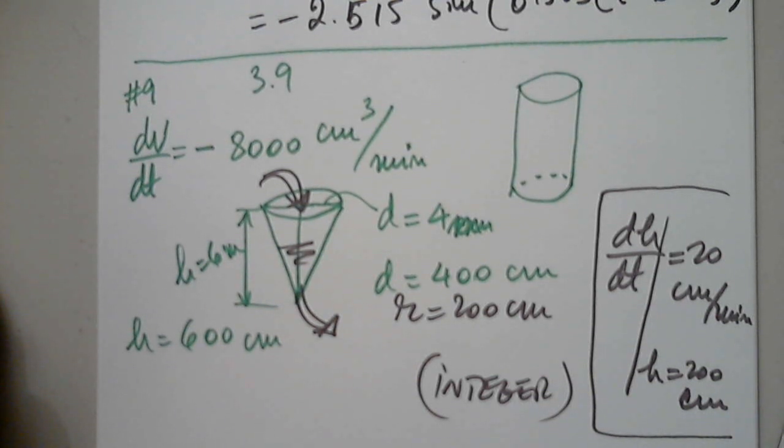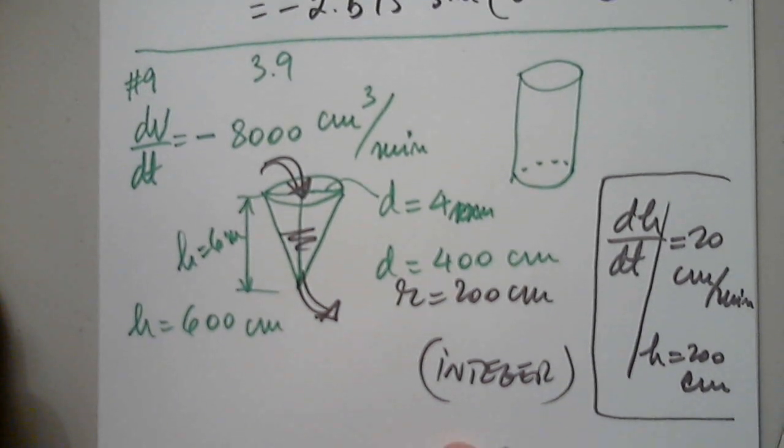If the water level is rising at a rate of 20 centimeters per minute when the height of the water is 2 meters, then I'm expecting an answer that overtakes the 6,000. When I pump in water and it's coming out at 6,000 cubic centimeters per minute, but the water is rising, then the rate that I pump water into the tank must be higher than 6,000 cubic centimeters per minute. Find the rate at which the water is pumped into the tank.